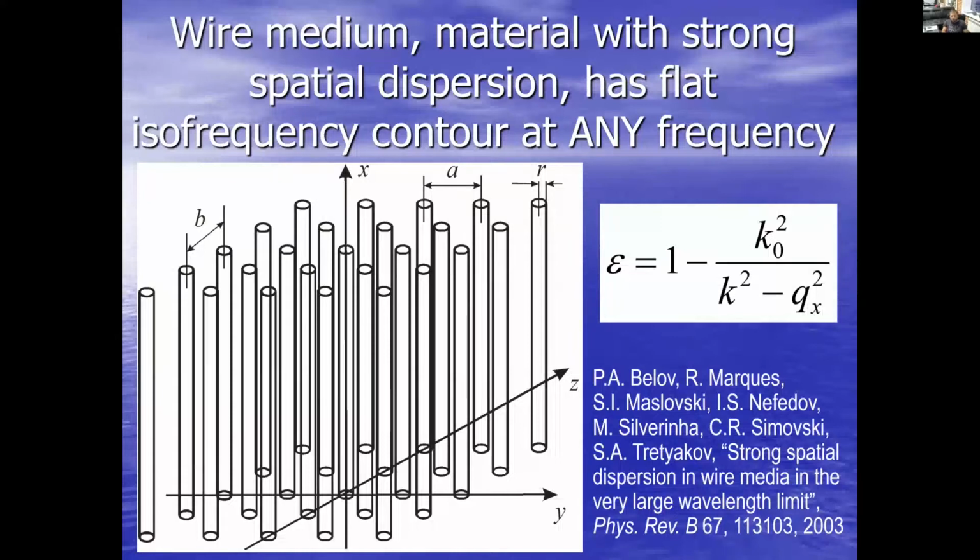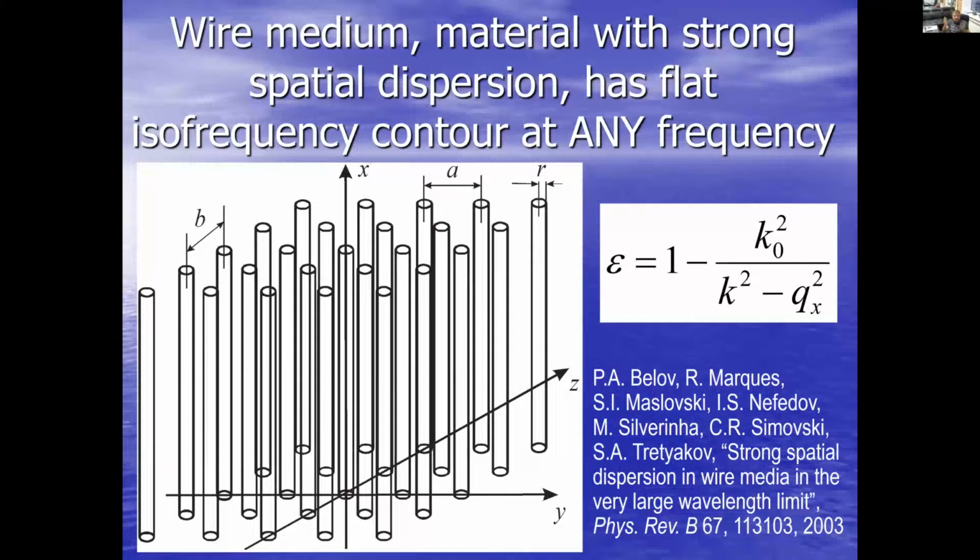Over here right now, it's very, very important that for this material you have a flat isofrequency contour for any frequency. Because usually in uniaxial crystals and other materials where you may have isofrequency contours close to flat, they usually appear at one frequency. So you first have to create a metamaterial operating at a particular frequency, and after that tune your device.